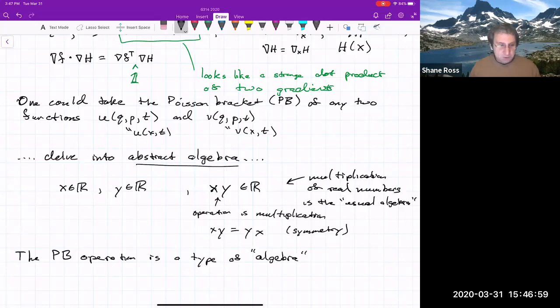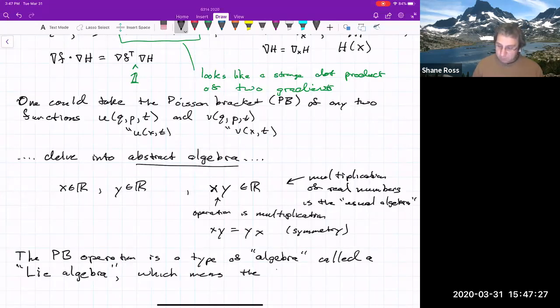So it's a type of algebra called a Lie algebra, which the usual multiplication of real numbers algebra is not. That is not a Lie algebra. But what does it mean to be a Lie algebra? This means that the Poisson bracket has certain special properties.